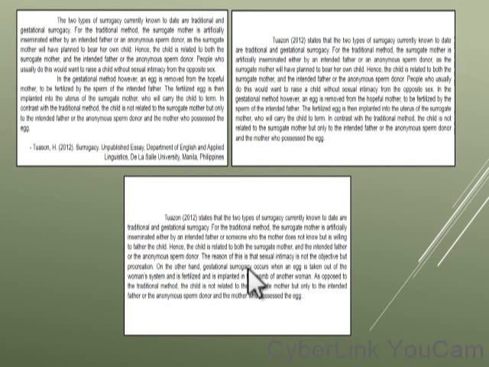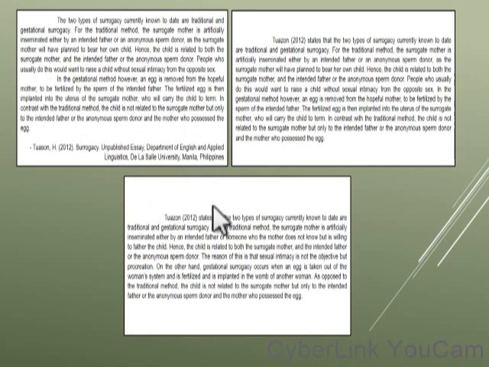The source is here, but the interpretation of the writer of this text is also here, creating patches of the text where ownership of ideas is unclear. It is the mixture of interpretation of the writer and the ideas of the author of the original text.